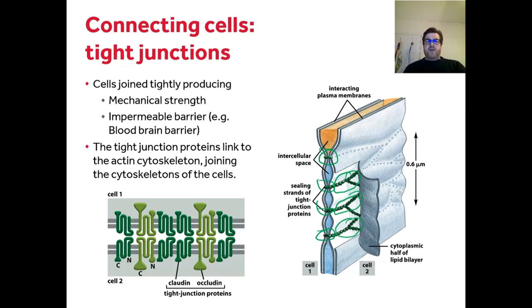Okay, and the way that the tight junctions actually form is through the claudin and occludin proteins, and these kind of, if you like, zipper up and form that tight junction together. So you can see that can really tightly bind cells together.